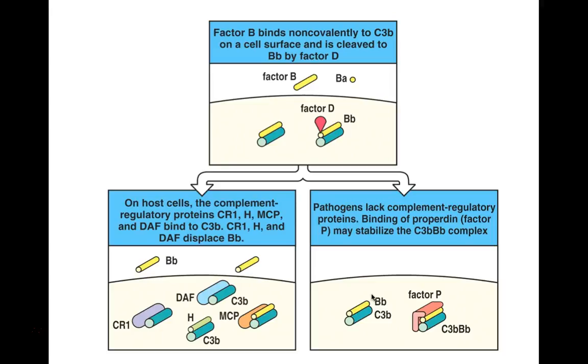On the bottom left, we have an illustration of some of the regulatory proteins that can control the activation of the alternative pathway. You don't want random activation of complement components for any of the pathways. In fact, all three of the complement activation pathways are highly regulated at multiple steps in the process.